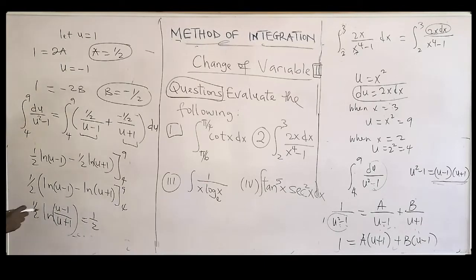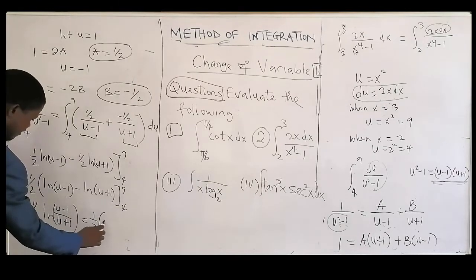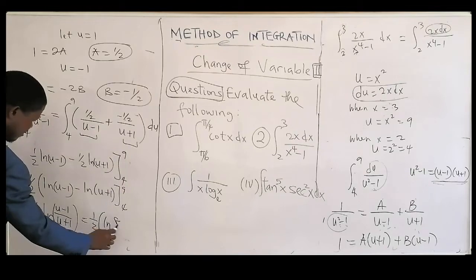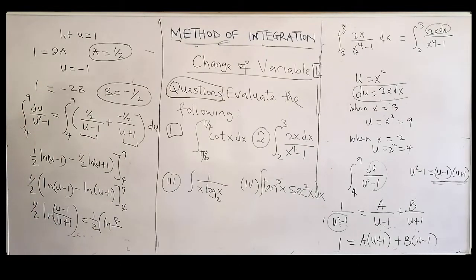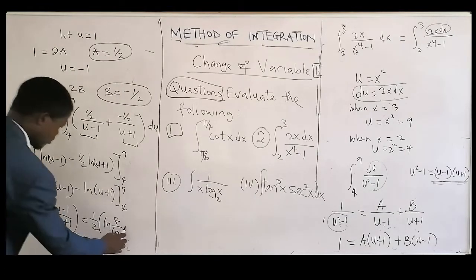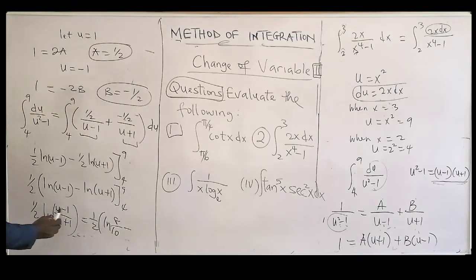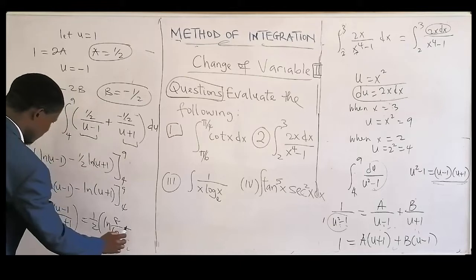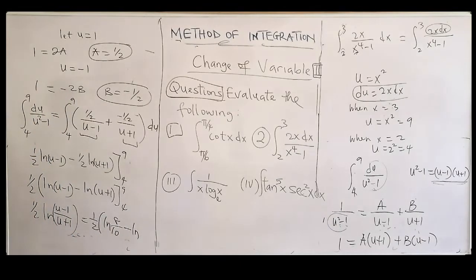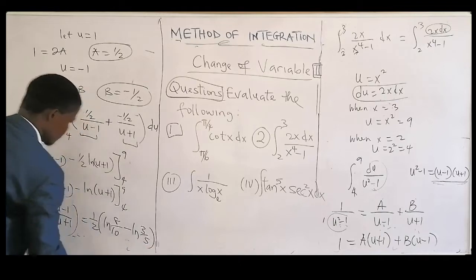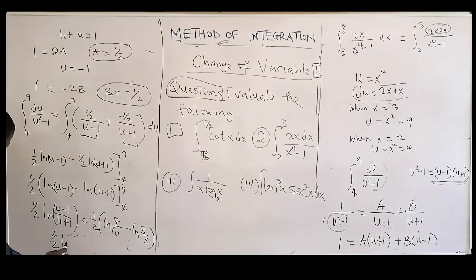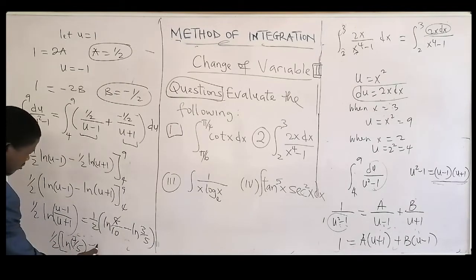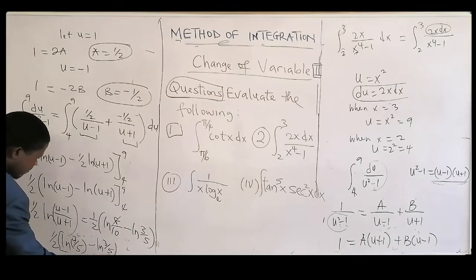We have 9 minus 1, ln 8 over 9 plus 1, that's 10. Then minus, u is 4, 4 minus 1, ln 3 over 5. So that will be equal to half into bracket ln 4 over 5 minus ln 3 over 5.